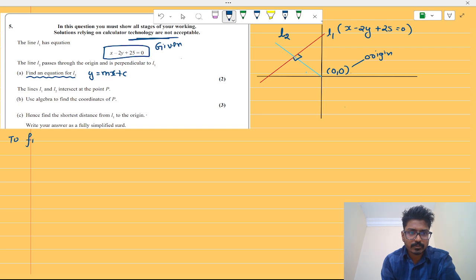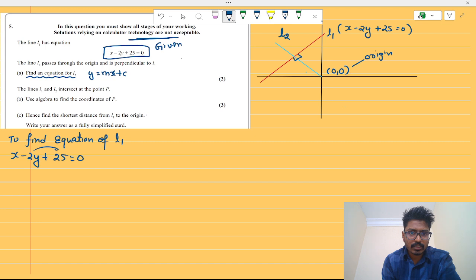To find the equation of L1, we have x minus 2y plus 25 equals 0. From this we'll make y the subject.